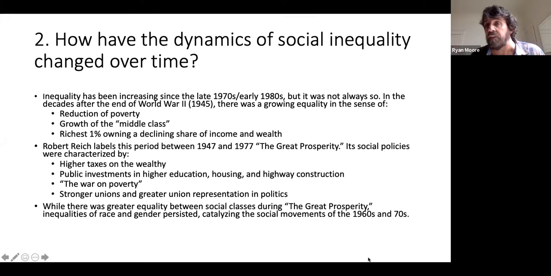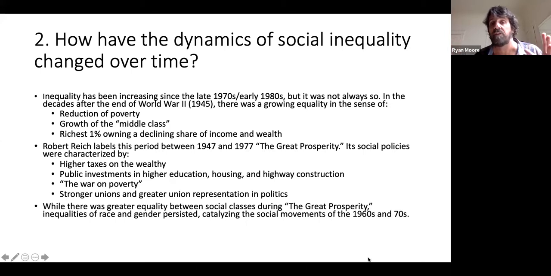So again, there's a lesson that if it was done in the past, it can be done again in the present, and it can be done in a more inclusive way in the present, right? If we have proof that these policies can broadly lift people into a condition of greater equality, then those policies can be expanded and extended so that they are more inclusive along lines of race and gender.